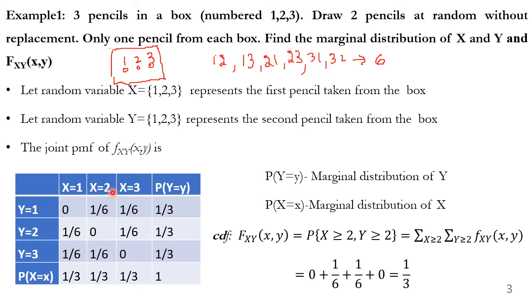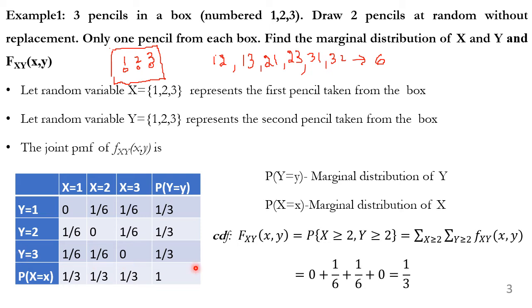When I draw the 2 numbered pencil for the first time, then there is no chance of drawing the 2 numbered pencil second time. So therefore it is 0. When I draw the 3 numbered pencil for the first time, then I can draw the 2 numbered pencil for the second time. You can observe here. Therefore, it is 1 divided by 6. So when I add these two, I get this as 1 by 3.